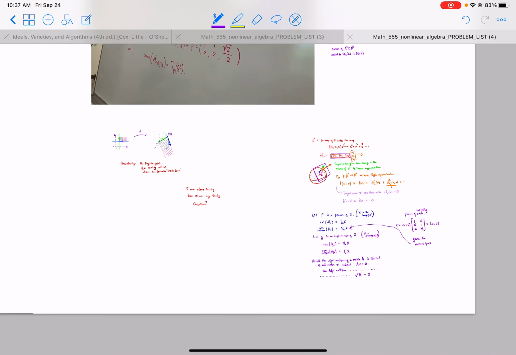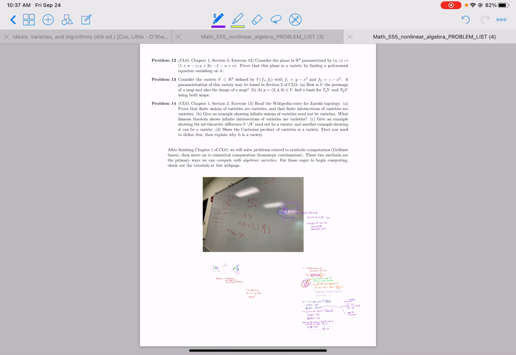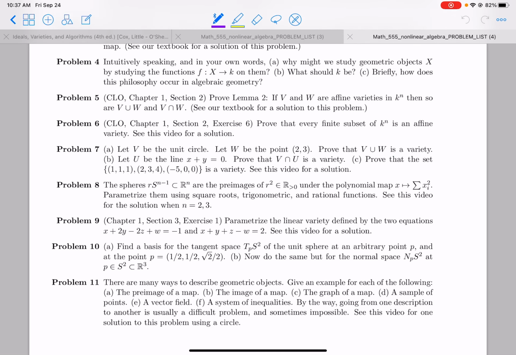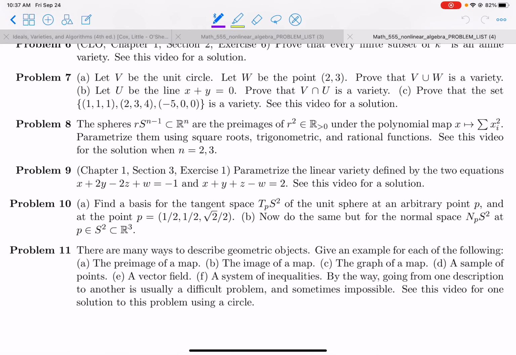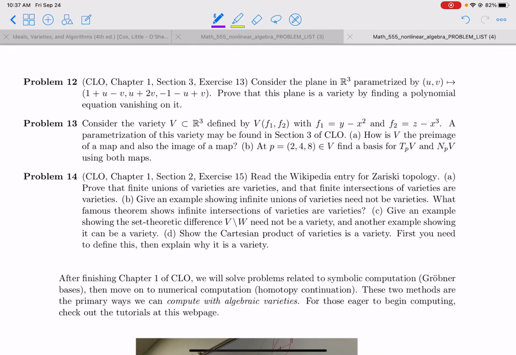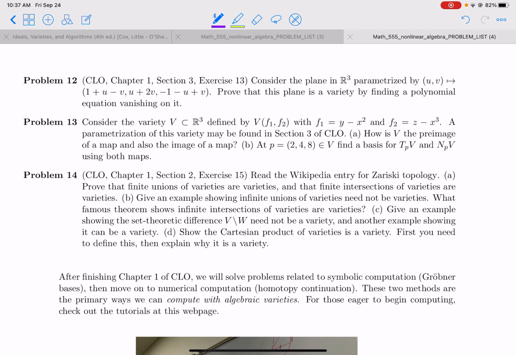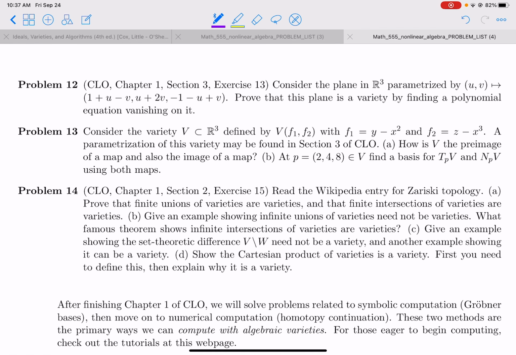Okay, how many of you finished problem 10 already? Like in the time that we have. Yeah, in the 5 minutes. Okay, let's try problem 13. This is new.